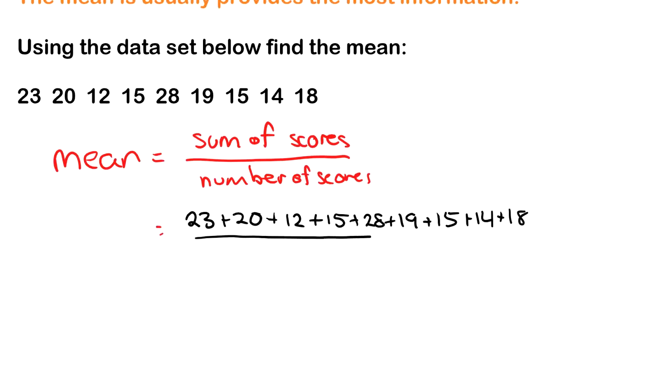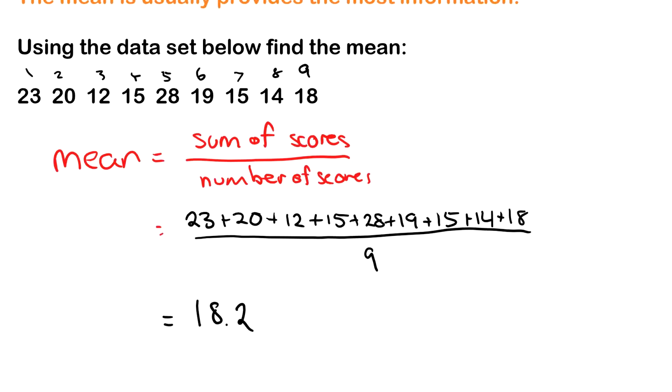And we're going to divide this by the number of scores. So we have 1, 2, 3, 4, 5, 6, 7, 8, 9. So we'll divide it by 9. You put this in the calculator, and it comes out with 18.2 if we round it. So the mean for this data set is 18.2.